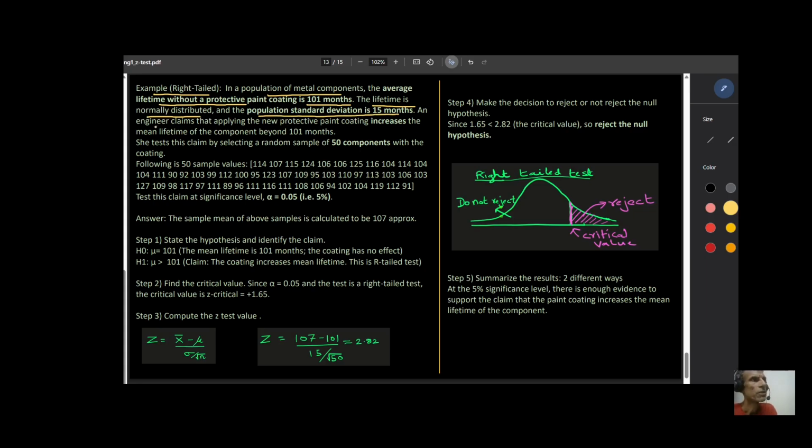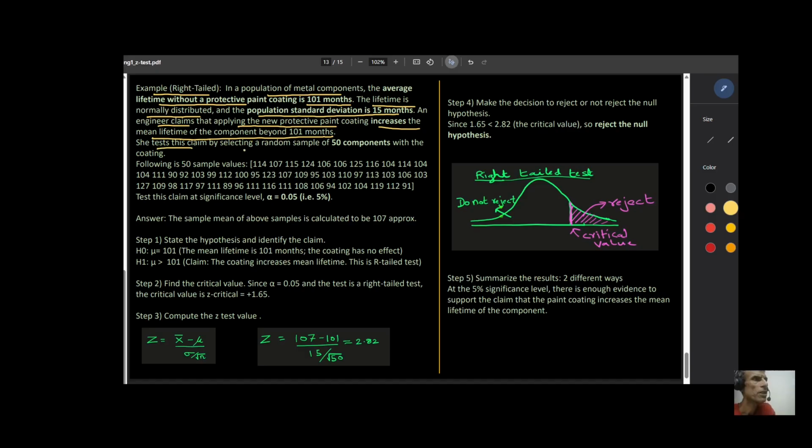Now, an engineer claims that when he or she applies the new protective paint coating, it increases the mean lifetime of the metal component beyond 101 months, meaning the lifetime actually increases. That's what she claims. So she tests this claim.